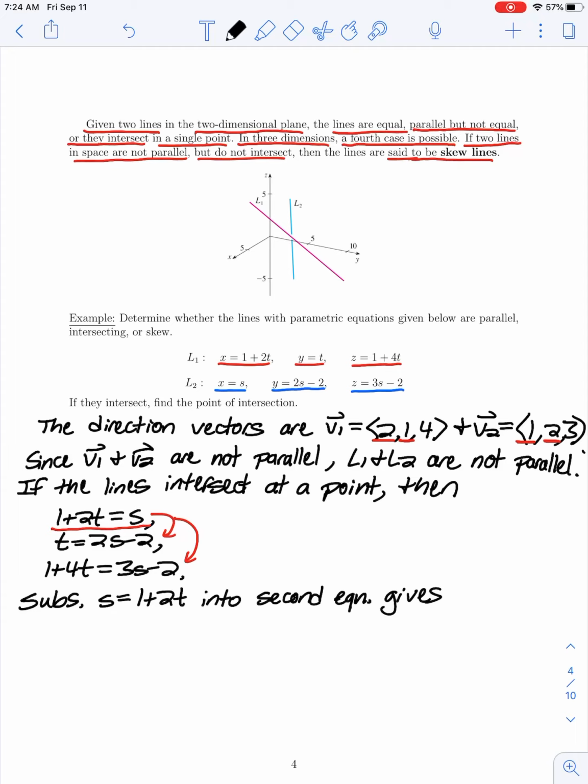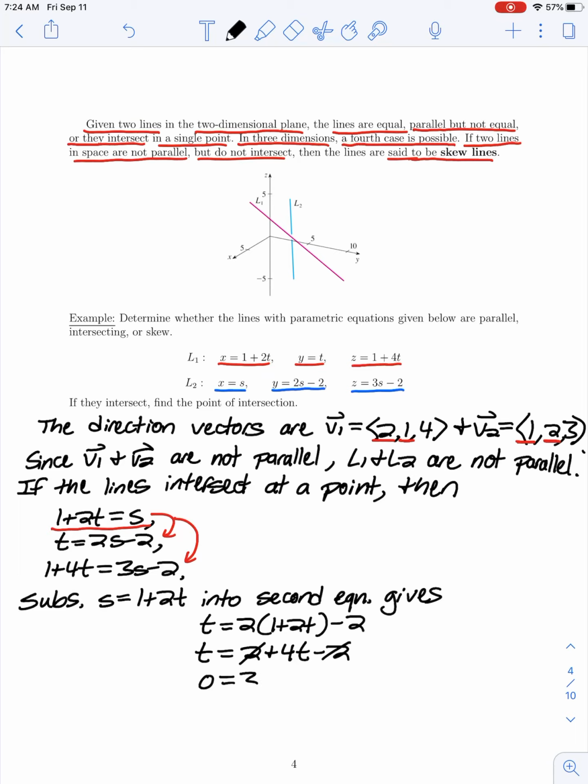gives us the following. t is equal to 2 times s, which was 1 plus 2t, minus 2. So simplifying a little bit here, we have t is equal to 2 plus 4t minus 2, so the plus 2 minus 2 cancel.